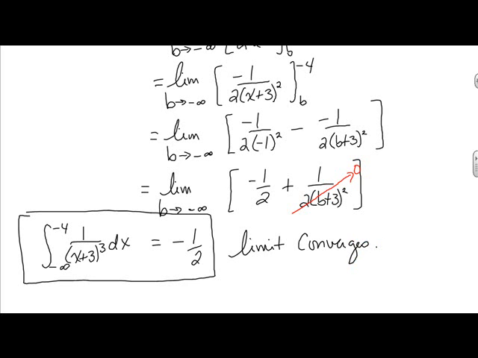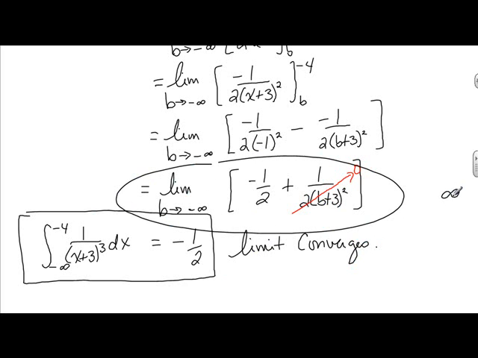If you don't get a value for the limit when you work it, in other words, if you end up with infinity or negative infinity, then the limit diverges. Integrals with infinite limits are either going to converge if you get a value, or they'll diverge if you don't get a finite value.